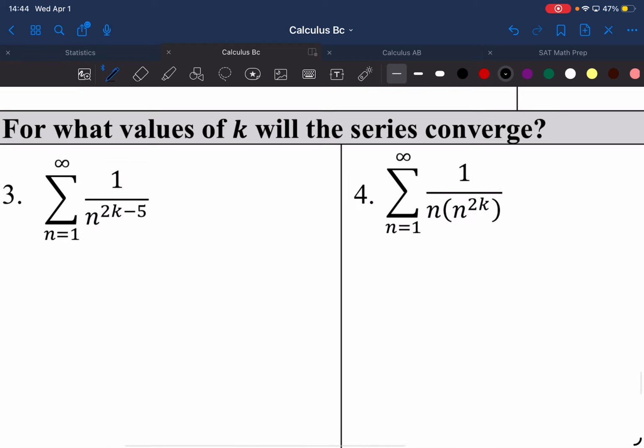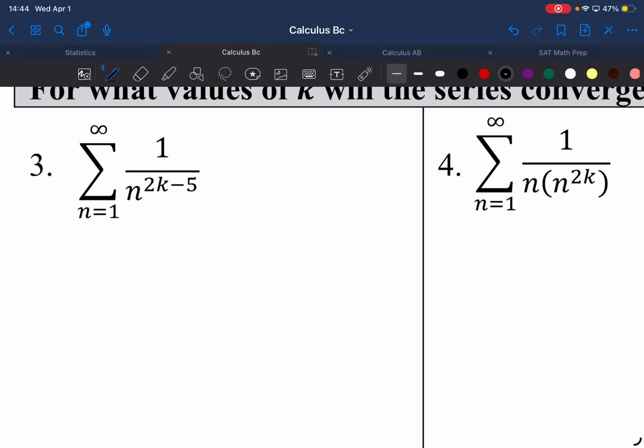So looking at number 1, okay, what would be our P value? 2k minus 5. That entire thing, just because that minus 5 is also in the exponents. Okay, we want this to converge. That means 2k minus 5 has to be greater than 1. So now we just solve for k.